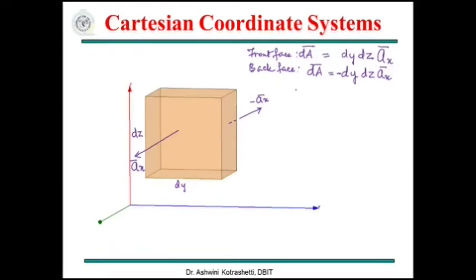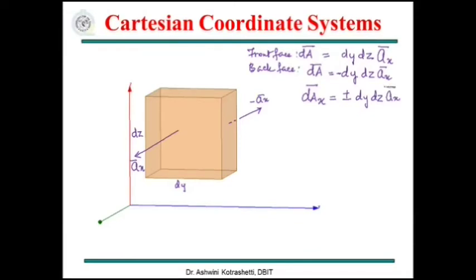So in general I can say the area vector dA bar, because this is associated with the x direction, I can also call it dAx bar, which is equal to plus or minus dy into dz ax bar.